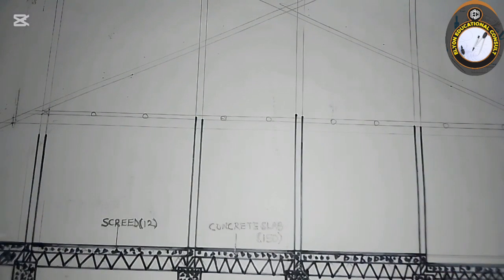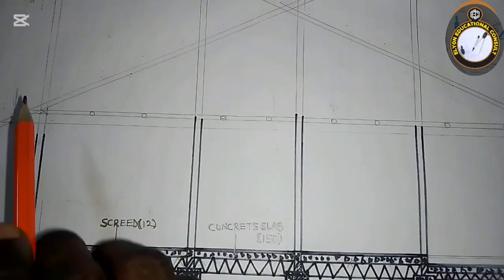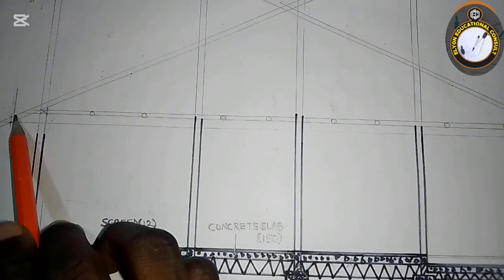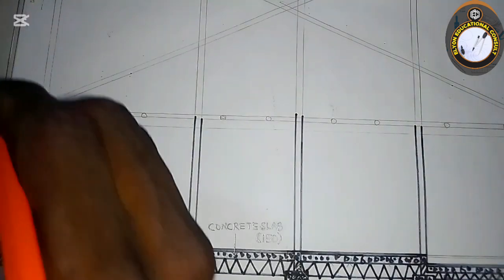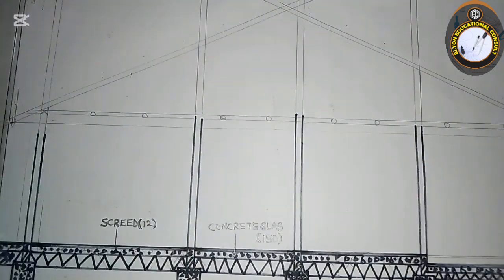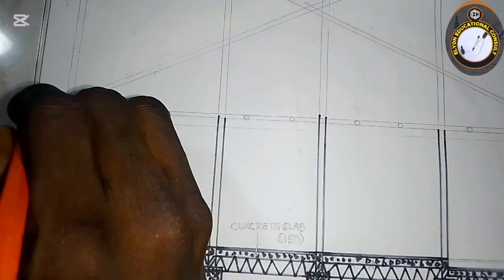So this is the rafter. So the next thing I'm going to be drawing now, I'm going to indicate the purlin. So purlin is directly on this rafter now. So that is the purlin. So let me extend this line a little so it will be visible like that.